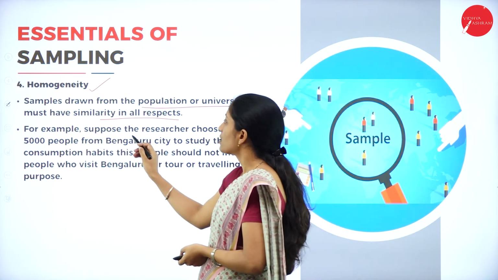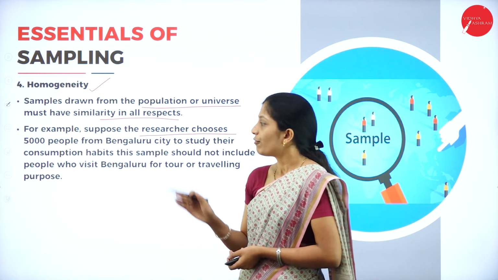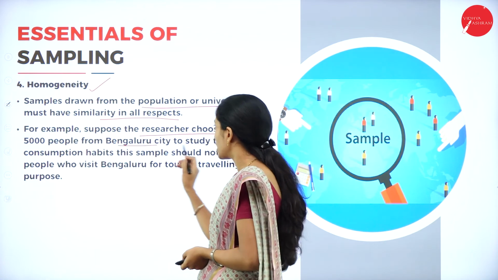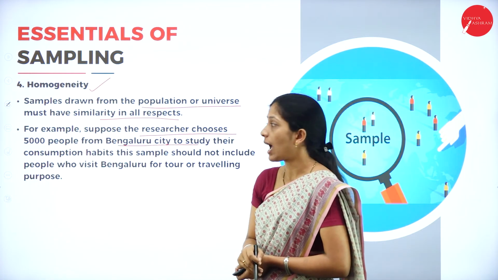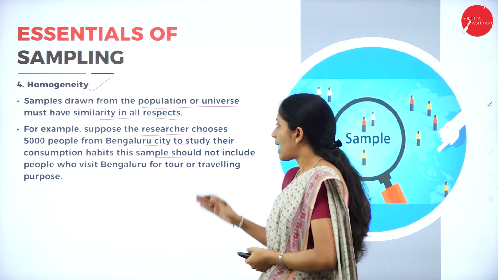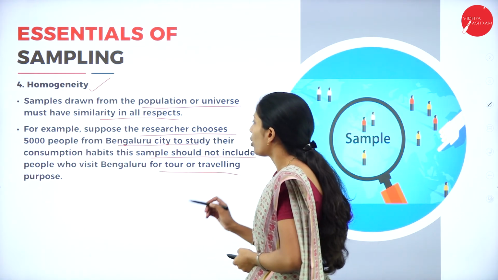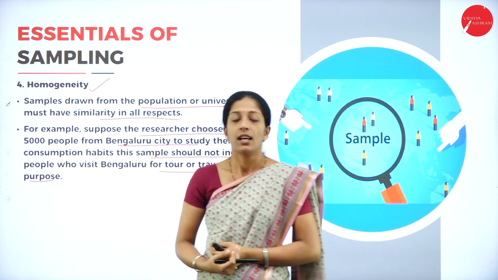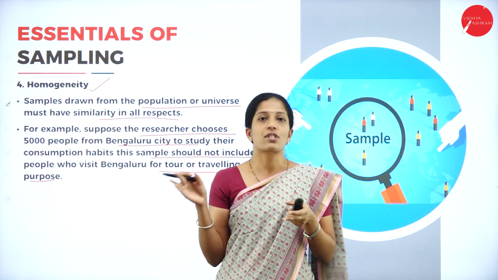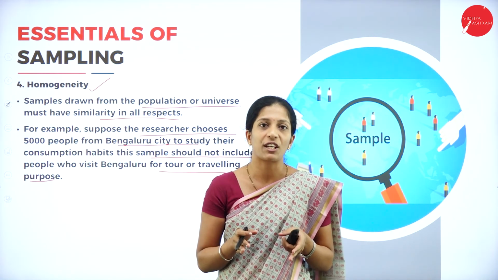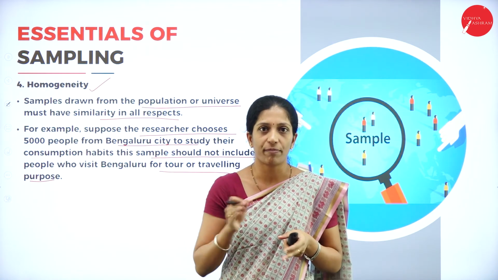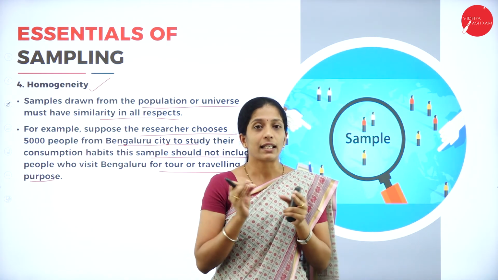For example, suppose the researcher chooses 5,000 people from Bangalore city to study their consumption habits. This sample should not include people who visit Bangalore for tour or traveling purposes.